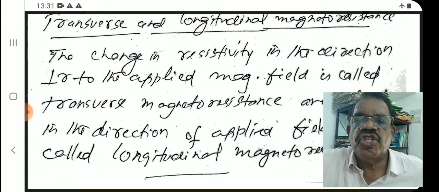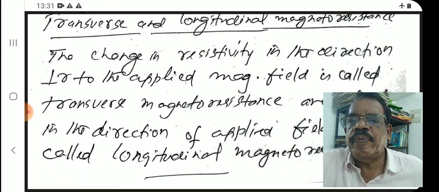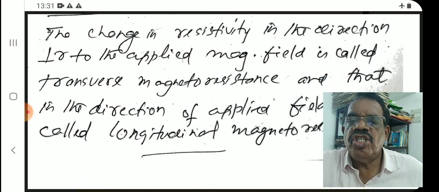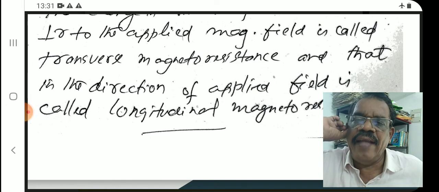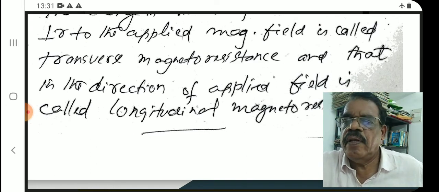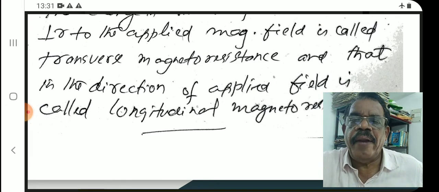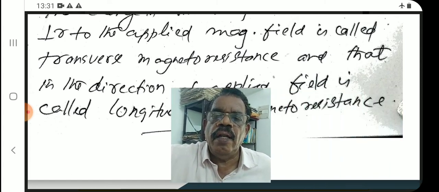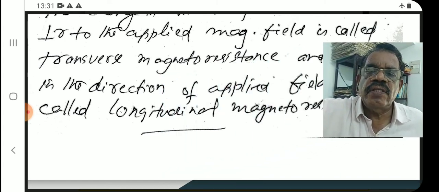The change in resistivity in the direction perpendicular to the applied magnetic field is called transverse magnetoresistance, and the change in resistivity in the direction of the applied field is called longitudinal magnetoresistance.